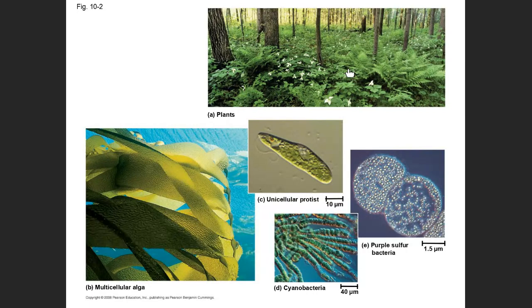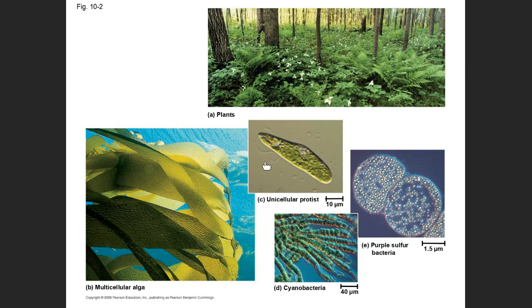We have algae, and this is large algae like kelp. Some small protists, and this is Euglena, which are green, right? So they can photosynthesize, but they also engulf food and they swim around, right? Because they have a flagellum that you can see.